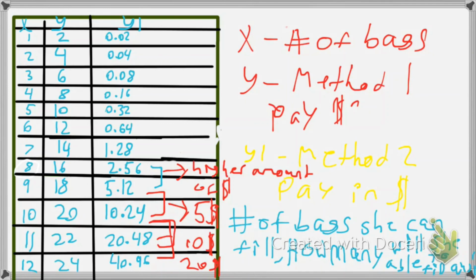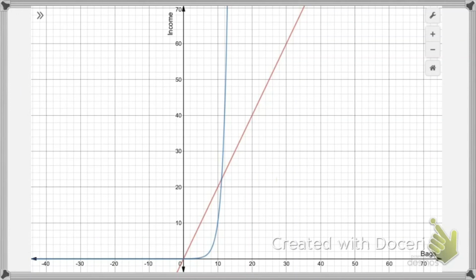If Celia can fill up to 12 bags, I say method 2 is better. If Celia cannot fill over 11 bags, or she fills 11 bags or less, she should go for method 1. So here's this graph to represent the bags as the x-axis and income as the y-axis.